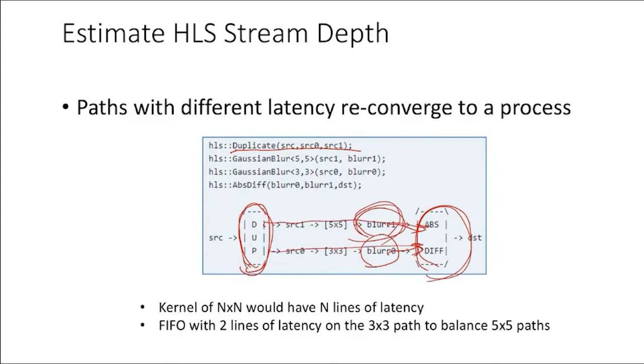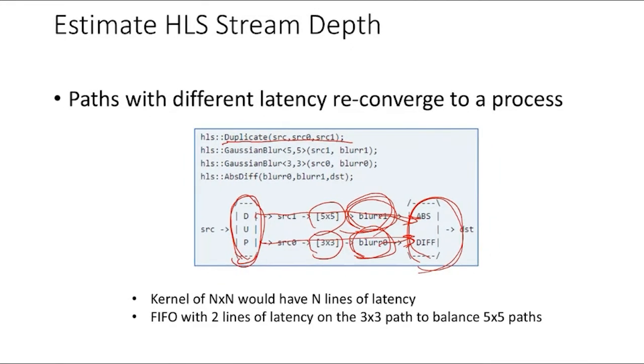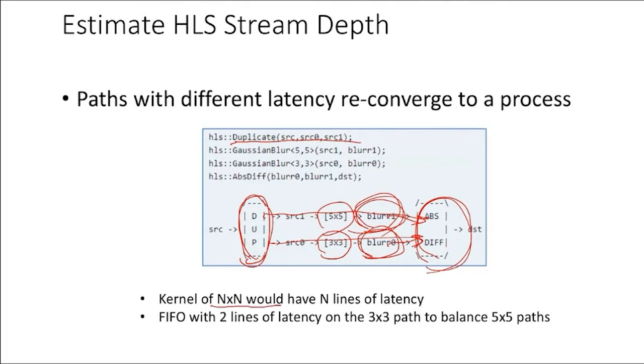For this blur one, you work on the kernel 5 by 5. For this one, blur 0, you work on the kernel 3 by 3. Normally a kernel with n by n takes n lines of latency. That means this 5 by 5 kernel takes a longer latency, and this bottom path, 3 by 3, is shorter.